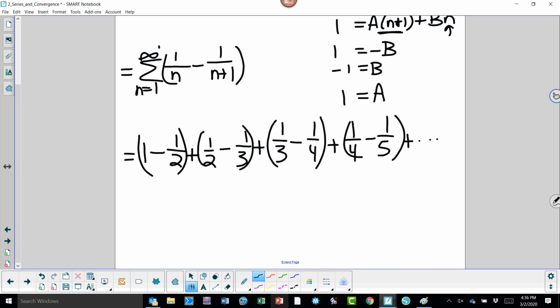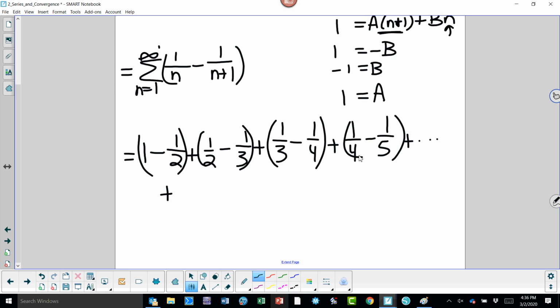And this is going to continue like this forever until you get to the last terms. I'm going to put the last two sets of terms.